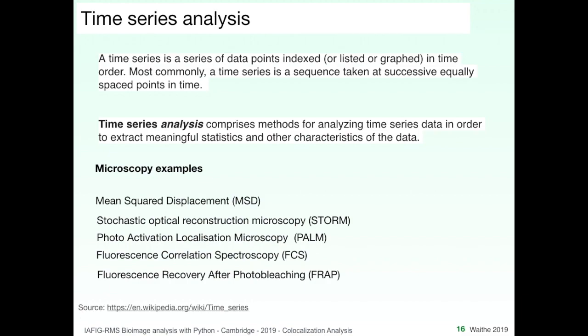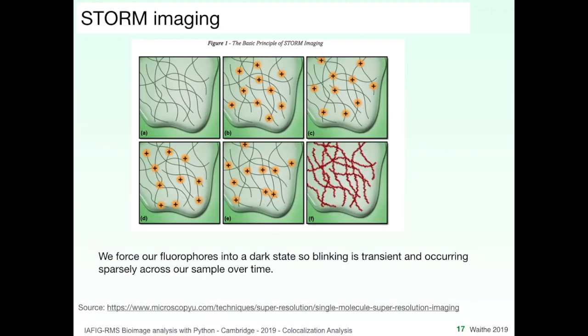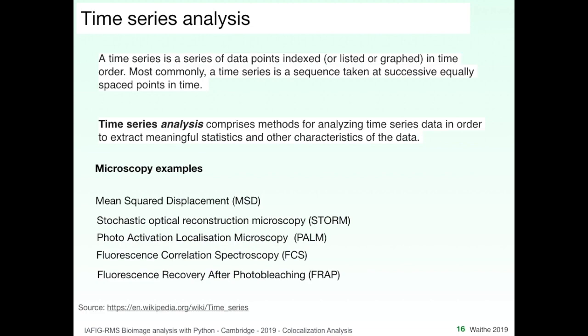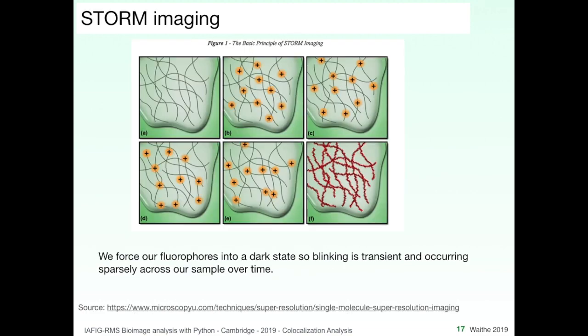First we'll start with STORM imaging. This is stochastic optical reconstruction microscopy. It's a popular super resolution technique, where we create an environment, with dSTORM at least, where our fluorophore will blink stochastically and sparsely over time, and then go dark.